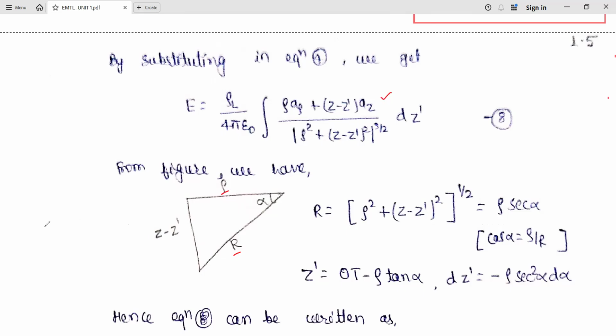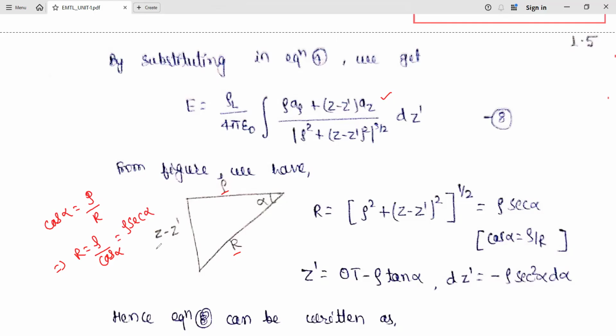What will be the cos alpha value by seeing the diagram? Cos alpha is adjacent side by hypotenuse, that's why rho by r. So finally from here, r equal to rho by cos alpha.